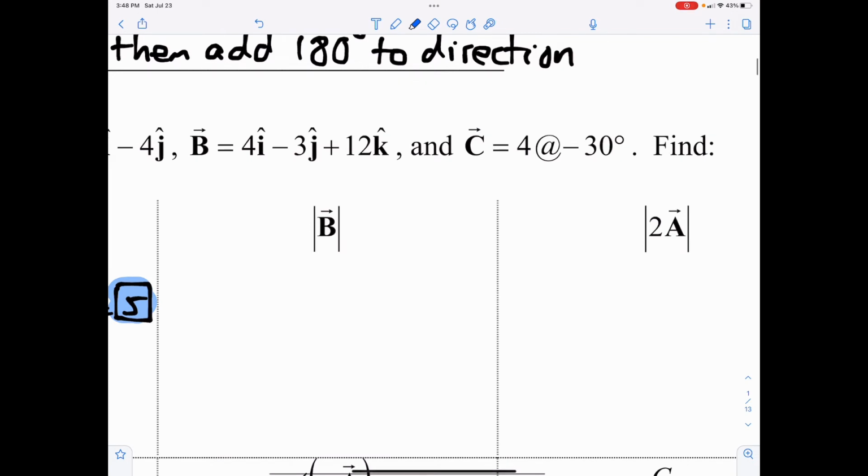Okay, the magnitude of B. Now, B is a 3-dimensional vector. It's 4 units in the x direction, 3 units in the negative y direction, and 12 units in the z direction.